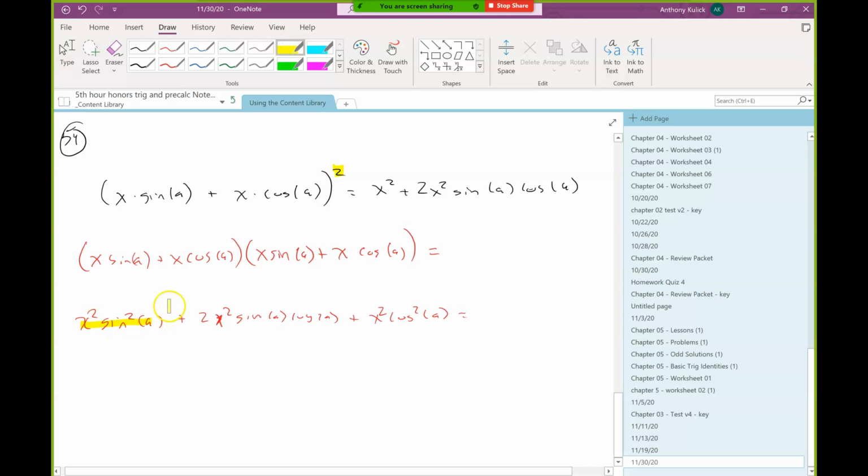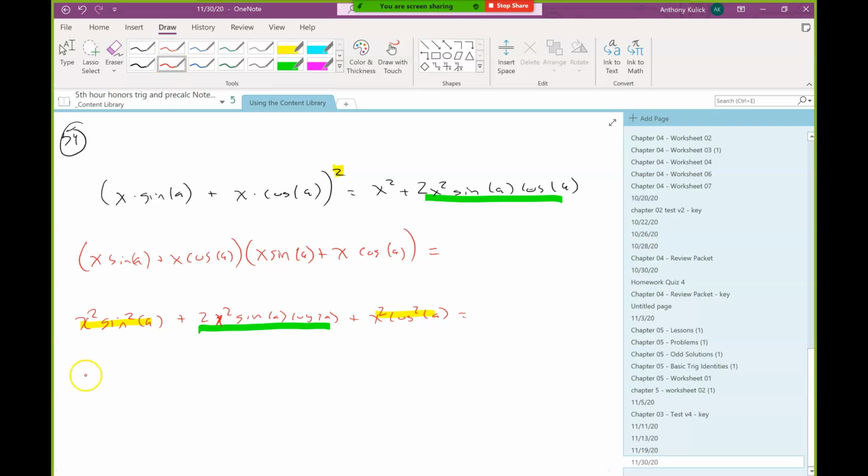So the piece that I'm interested in is this stuff, since we already have that in the answer that we're looking for. So I'm not going to touch that stuff in green because that's already in what I'm looking for. So I'm just going to worry about combining those two things in yellow. I notice that there's a greatest common factor of x squared. So I'll factor that off.